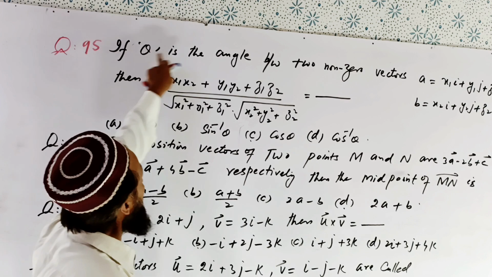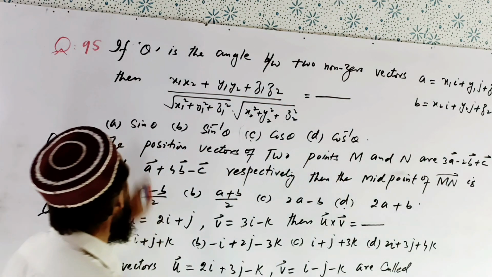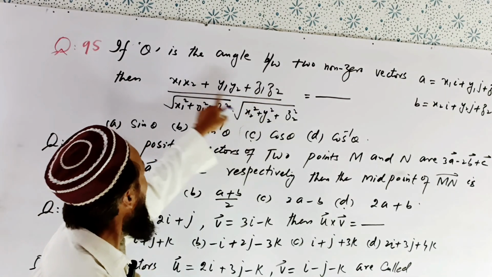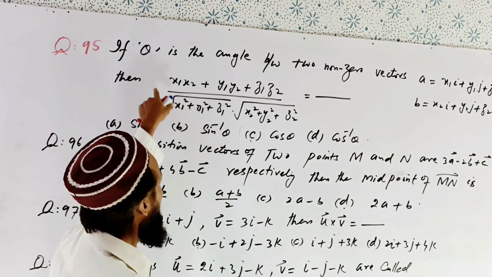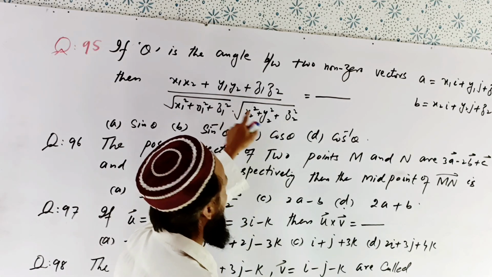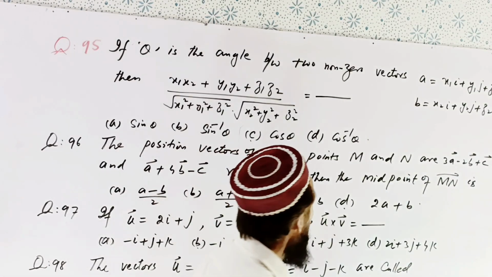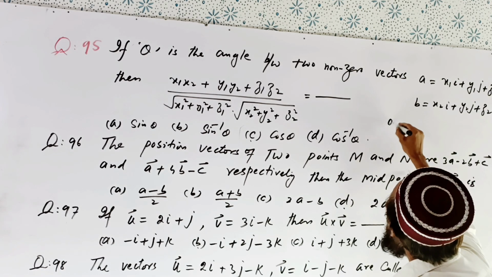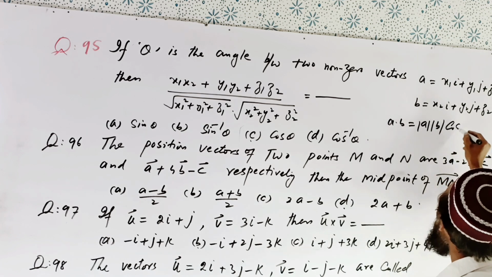If theta is the angle between two non-zero vectors a and b, the condition is also given: x1 x2 plus y1 y2 plus z1 z2 divided by the square root of x1 square plus y1 square plus z1 square, into the square root of x2 square plus y2 square plus z2 square. What is the result? We have already done the formula according to dot product or scalar product: a dot b is equal to a magnitude and b magnitude cos theta.